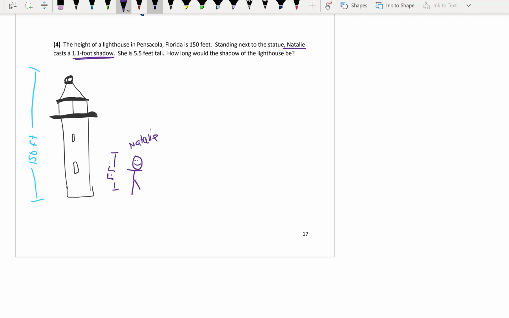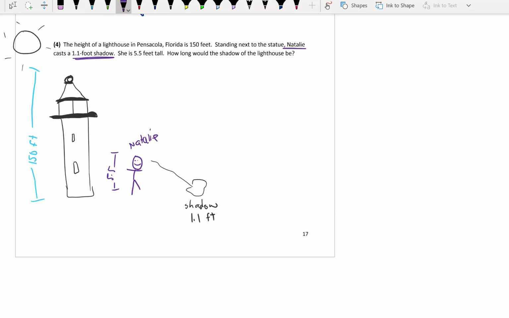And it says that her shadow, so let's say that the sun is over here. So if it's casting a shadow, the shadow is 1.1 feet, okay? So if that's the case, then what would be the shadow of the lighthouse?